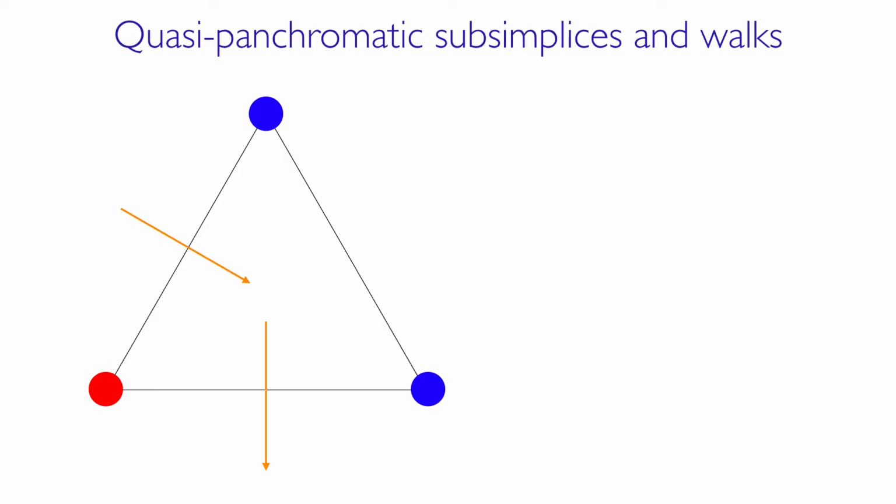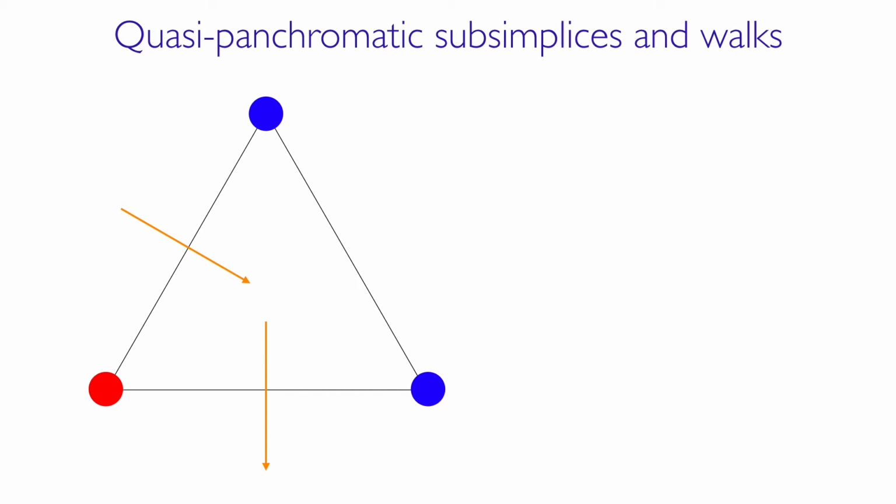Given a quasi-panchromatic subsimplex, we have only two facets with n labels or colors. This is because we have n plus 1 vertices such that n minus 1 vertices have different labels, while two vertices have the same label that is different from the labels of the other n minus 1 vertices. So, to have n labels, we need the n minus 1 vertices with different labels and one of the two vertices with the same label.